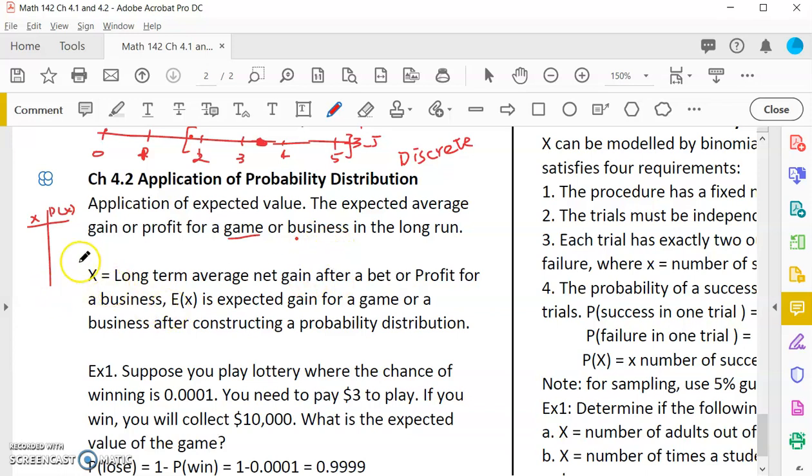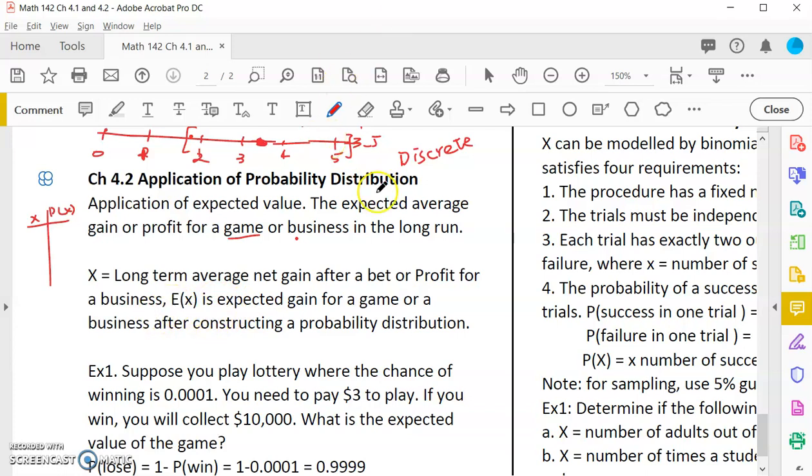If you can build a table like this, then X is the long-term net gain after a bet because of a game, or a profit for a business. This X can be negative or positive. Negative means a loss, and positive means a gain or a profit. E of X is the expected value of the game or the business after constructing a probability distribution.